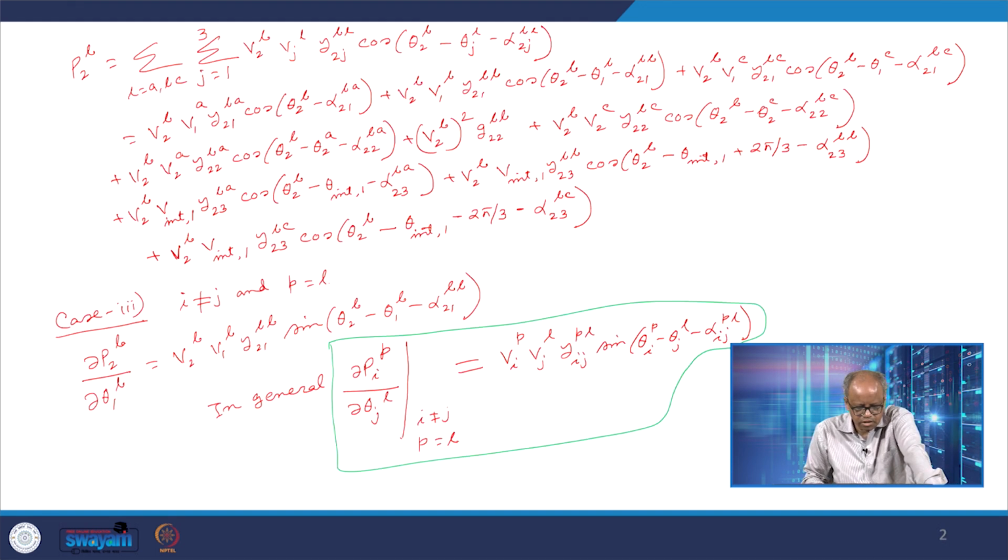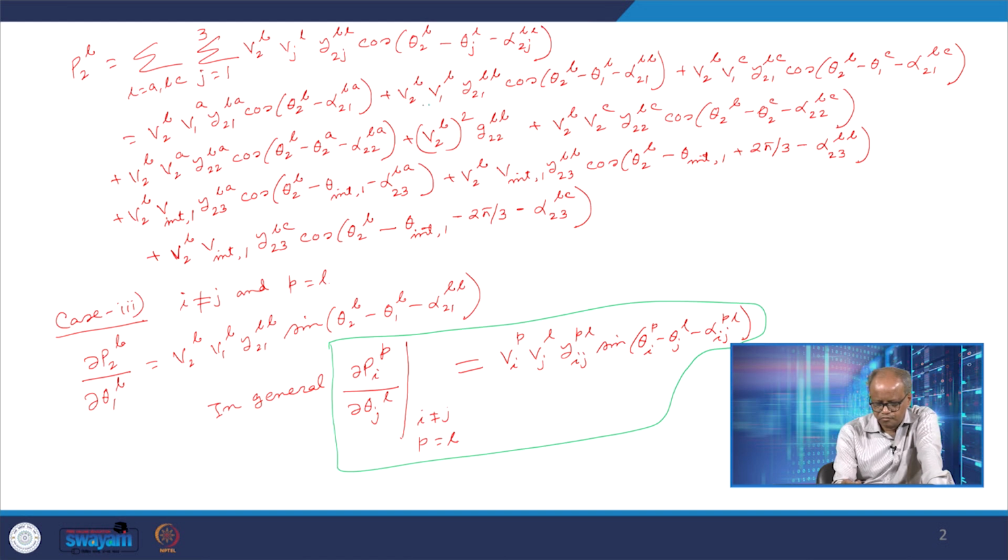Now let us look at how many terms have V1B. Only one term has V1B in all these expressions.